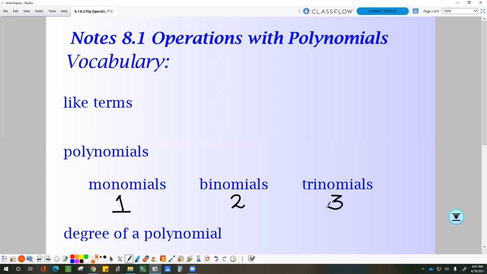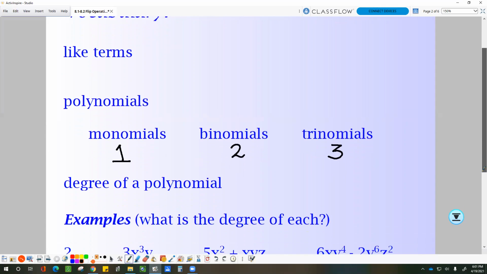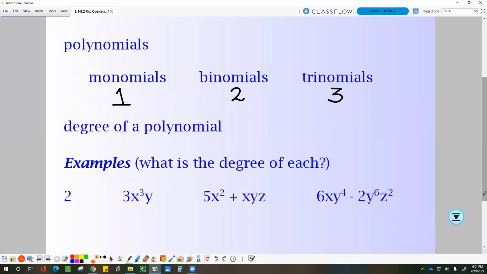Degree of a polynomial refers to how many variables there are in a given term. So this doesn't have any variables. That makes it degree 0. Here I have 4 variables because I have 3 x's and a y. So this is a degree 4.